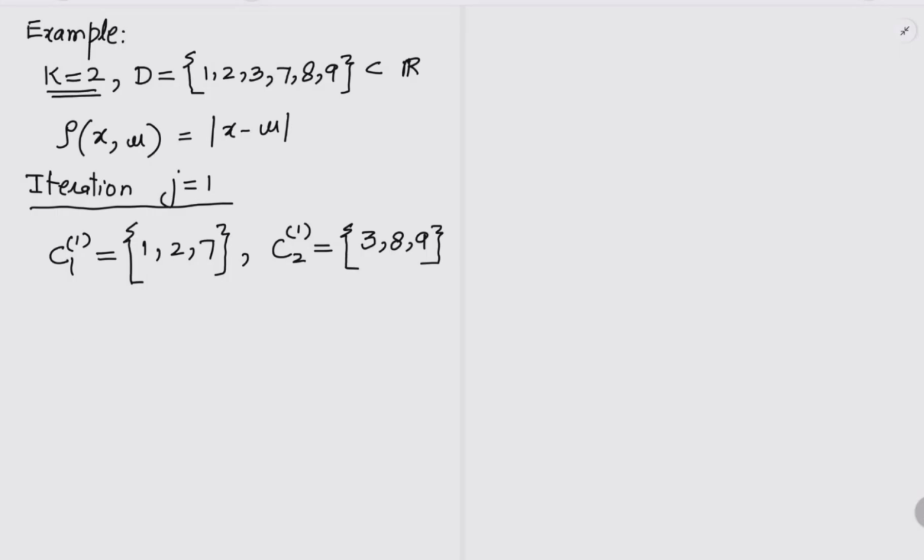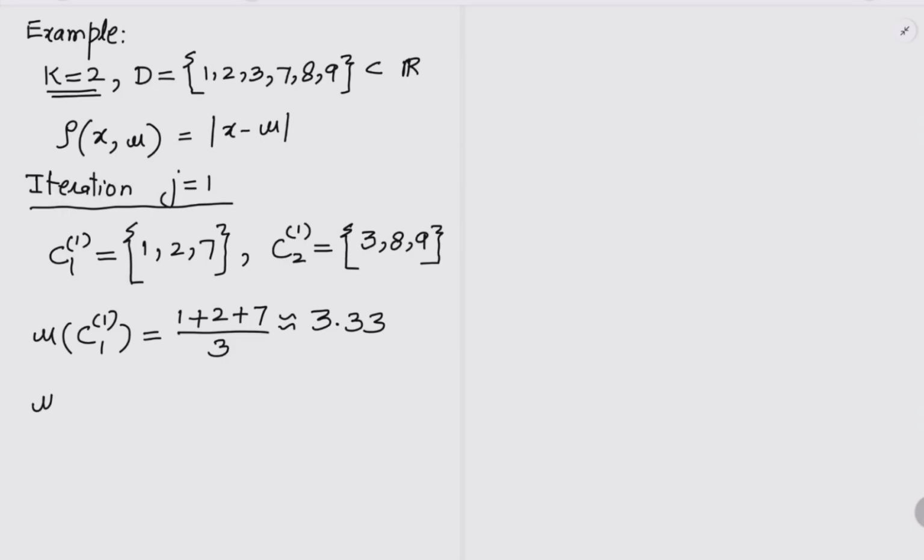What is the centroid of cluster number 1 at iteration 1? Cluster number 1 has a mean: when you add the values and divide by 3, you get approximately 3.33.